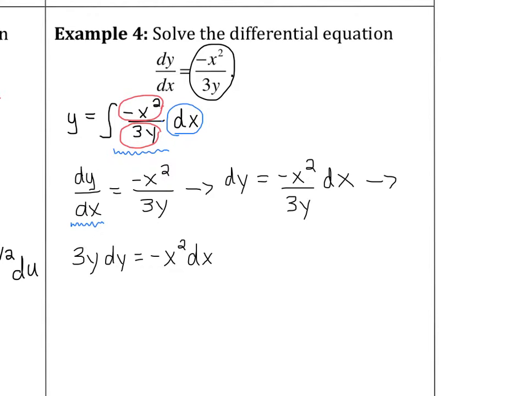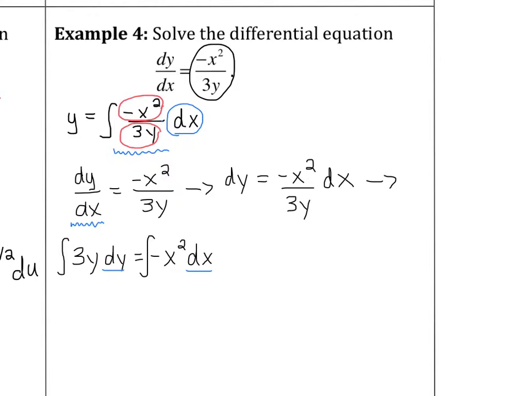Now from here, let's solve. And that means taking the antiderivative of both sides. So here we go. And notice how everything is all lovely and set up for us. We have a dy in our integrand on the left and a dx in our integrand on the right. If that weren't there, something should strike you as off because you need that to integrate.